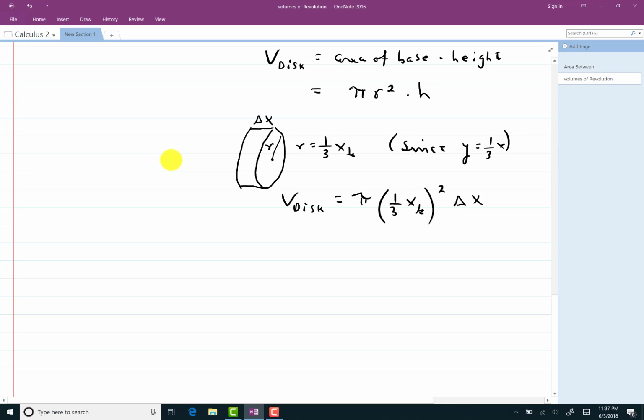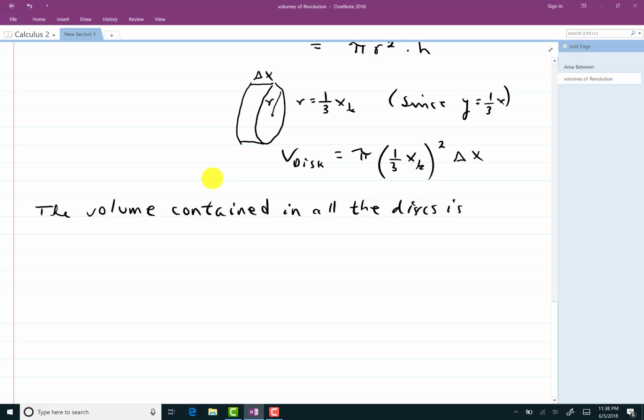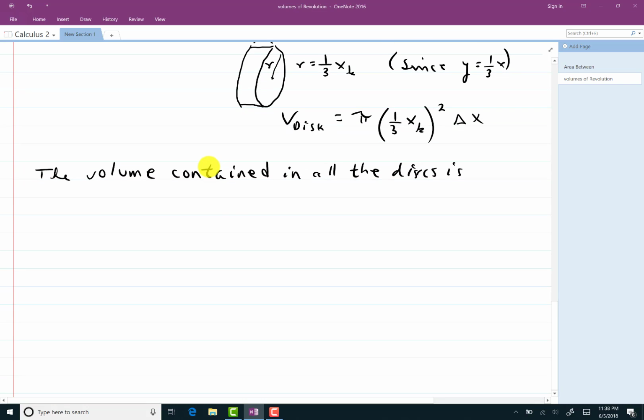Well then, the volume contained in all the disks is going to be the sum, where k equals 1 to n, of pi times 1/3 x sub k squared delta x.